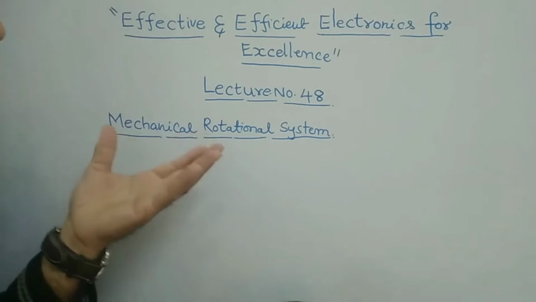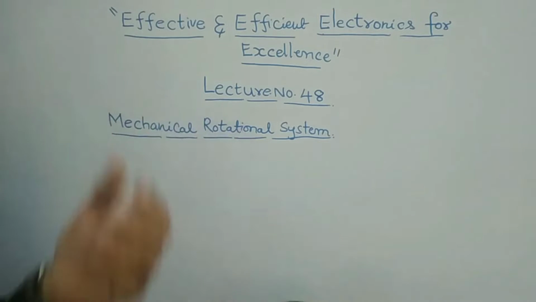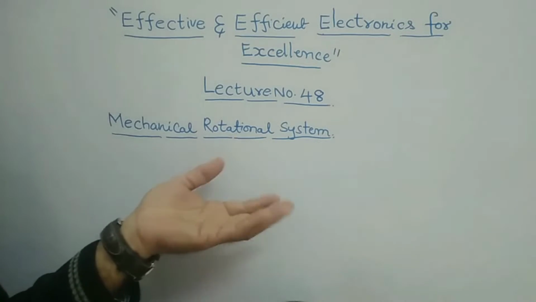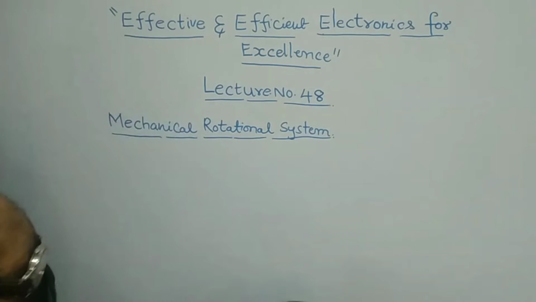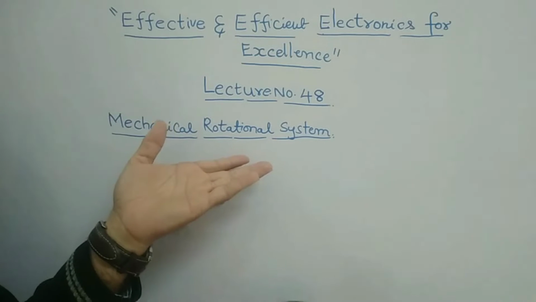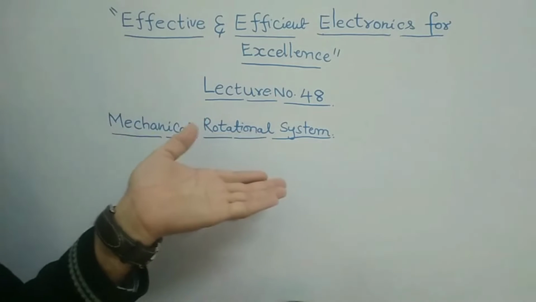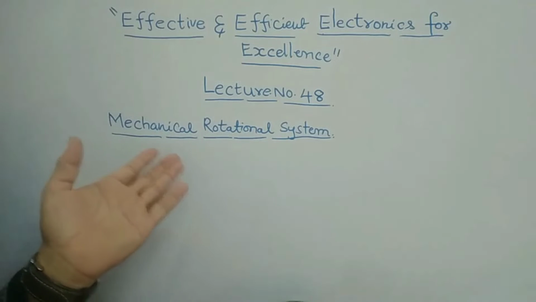Therefore, in this particular mechanical system, what we are going to do is, for any given mechanical rotational system, we need to find out the equivalent electrical circuit. That is our objective. In the examination, a mechanical system will be given and you will be asked to draw the electrical equivalent of it.